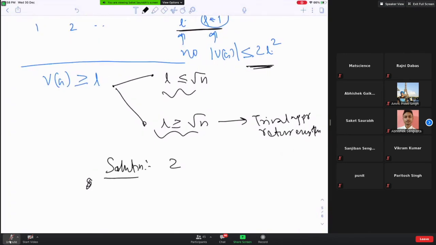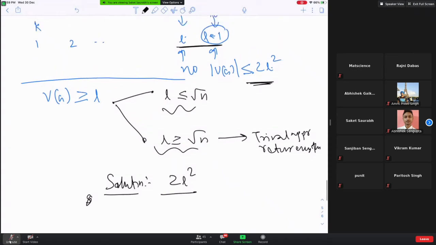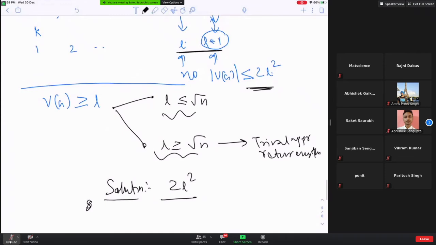I'm going to return a solution of size 2L square. Am I right? What am I guaranteed? I'm guaranteed that the vertex cover size is at least L. So what is the approximation factor? 2L.